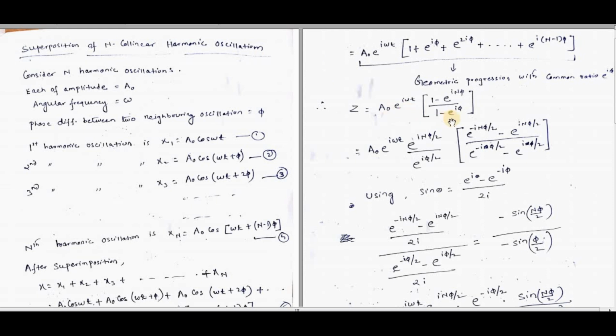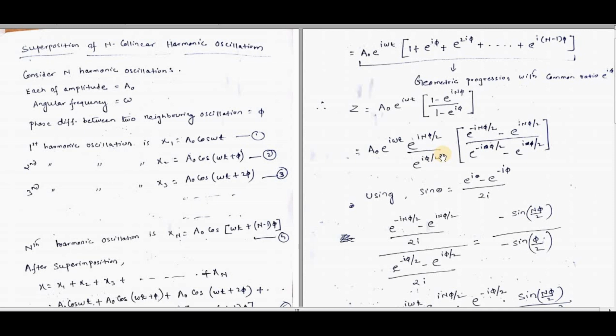So adding up all these exponential terms, we will get 1 minus e to the power i n phi divided by 1 minus e to the power i phi. Now from the numerator, if I take e to the power i n phi by 2 common, we will be left inside the bracket with e to the power minus i n phi by 2 minus e to the power i n phi by 2.